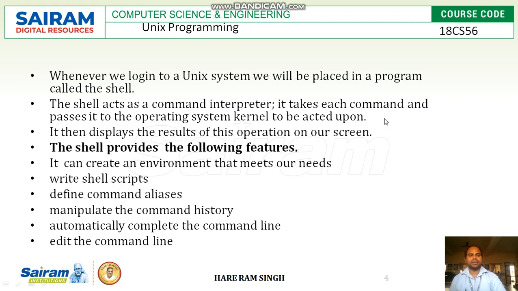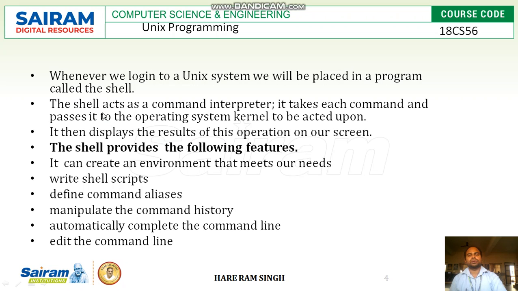The shell acts as a command interpreter. It takes each command and passes it to the operating system kernel to be acted upon. So whatever command we want executed, it is the shell that takes the command and executes it. That's why the shell is called a command interpreter.